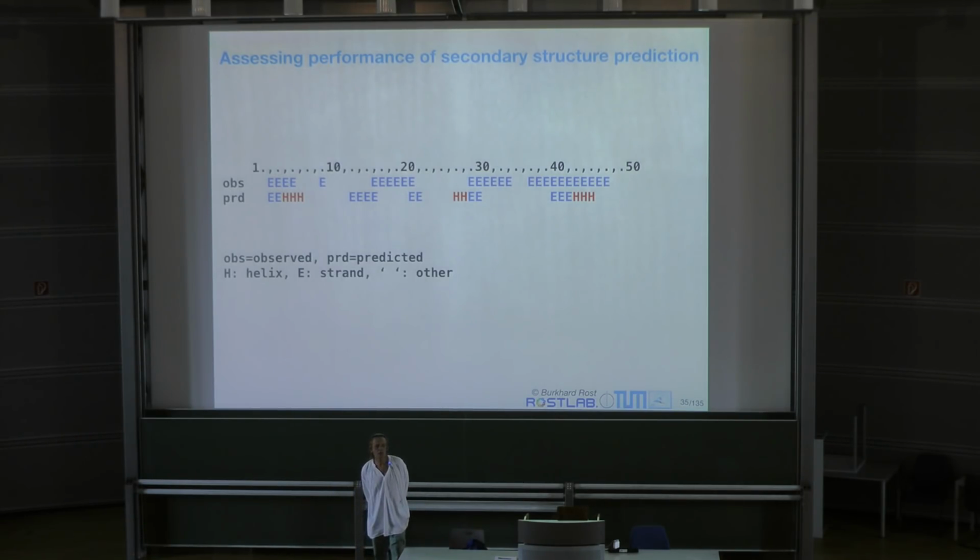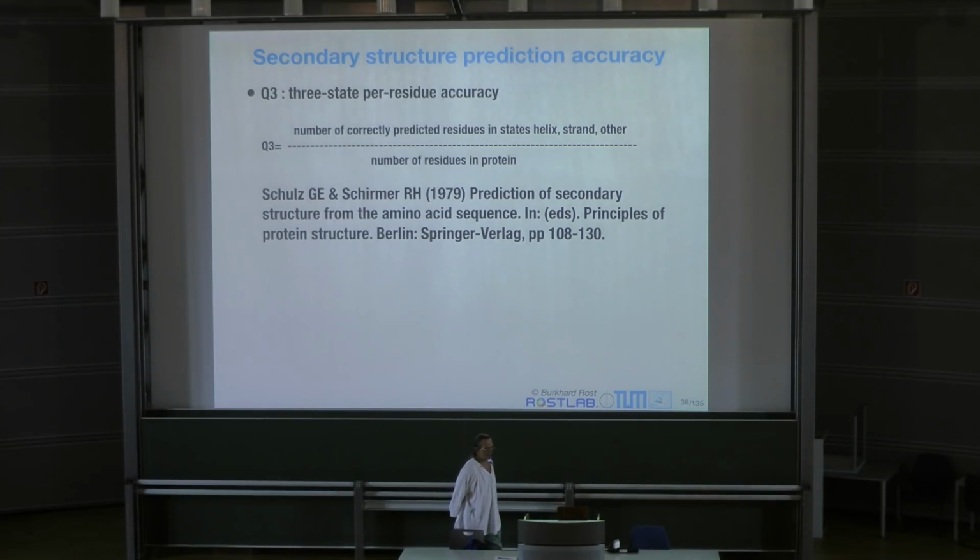So you essentially would compute something such as what is often referred to as the Q3, the 3-state per residue accuracy, where you simply count how many residues are correctly predicted in either of those 3 states. 3 states, that's why it's called Q3.